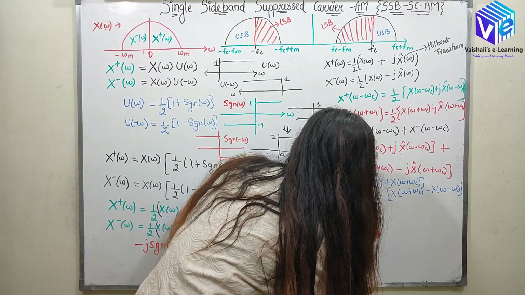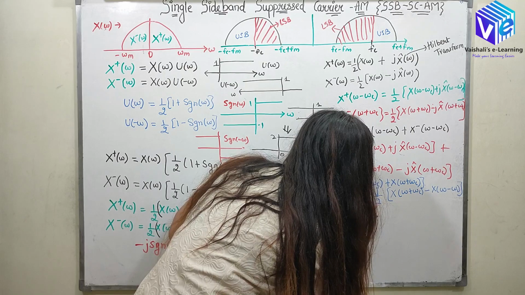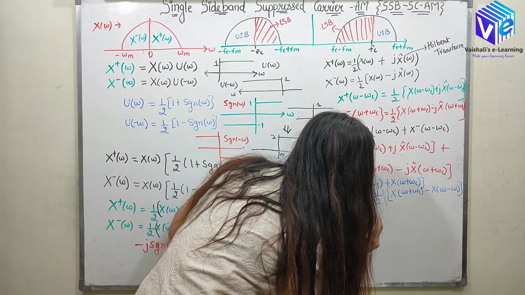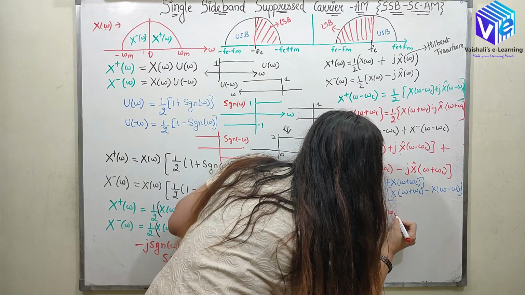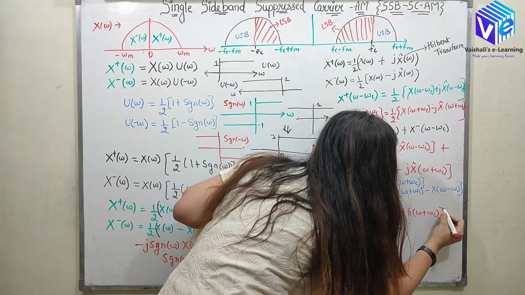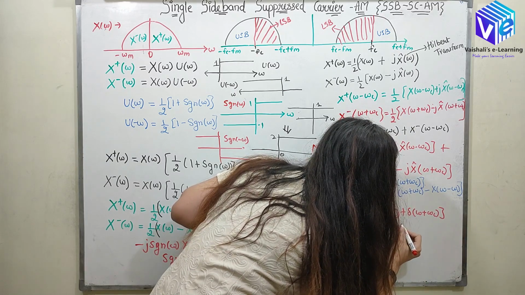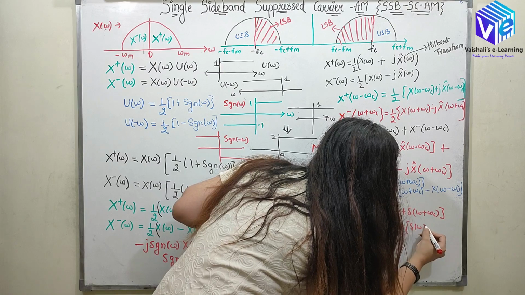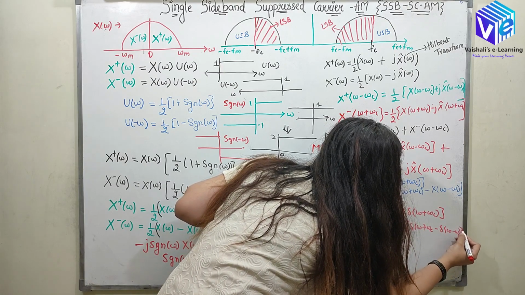So half of X of omega taking outside, I am left with delta of omega minus omega c plus delta of omega plus omega c, minus j by 2 X cap of omega taking outside, delta of omega plus omega c minus delta of omega minus omega c.